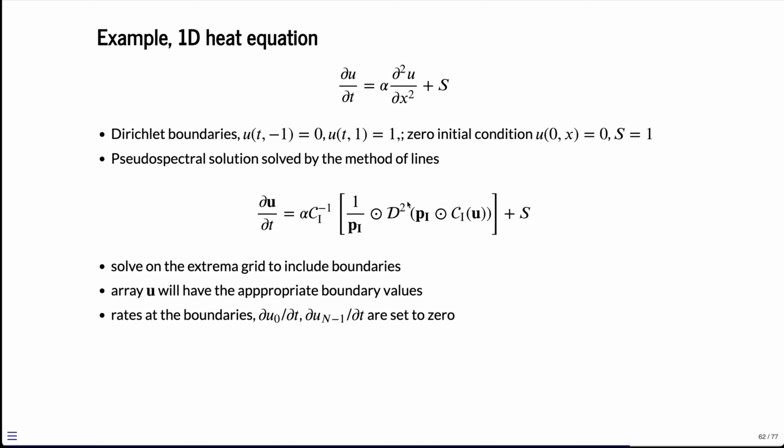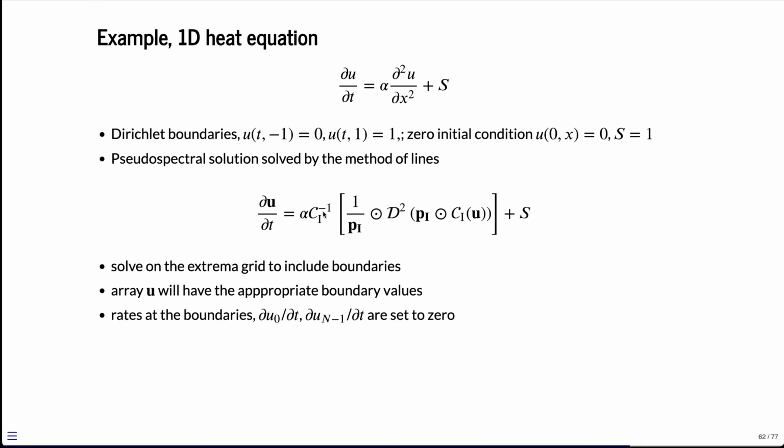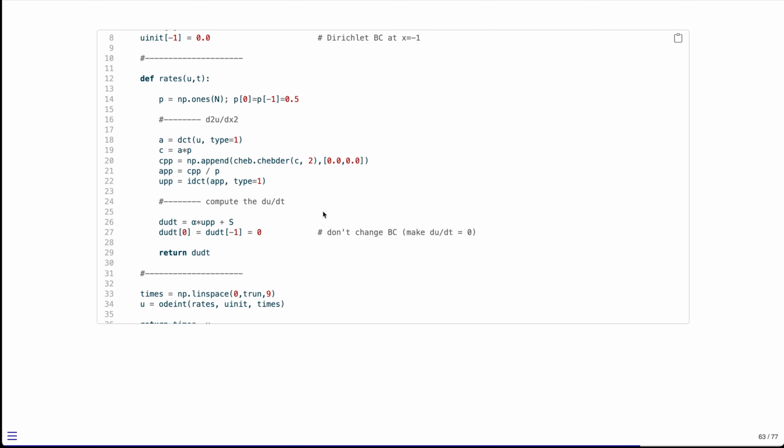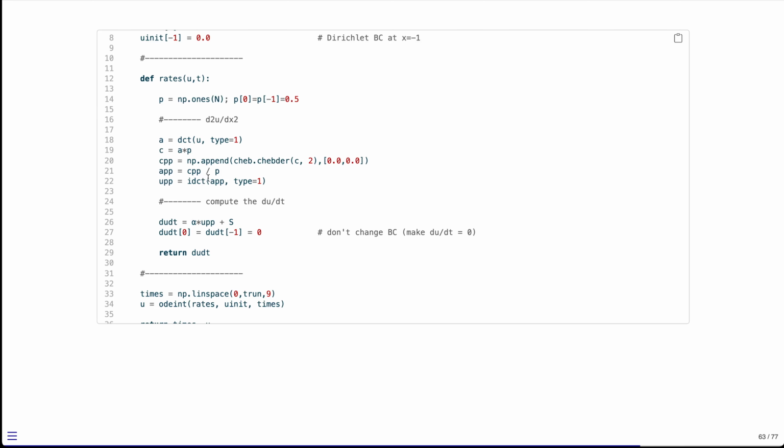Okay, so that does the derivative twice, appends the 2 zeros, then we divide by the p here, and then we do this final transform, again type 1, and then the rates are simply the diffusivity multiplied by the second derivative plus the source term, and we set the rates 0 to be 0 on the first and last entries on the boundaries, since we don't need to update the known value of u there.